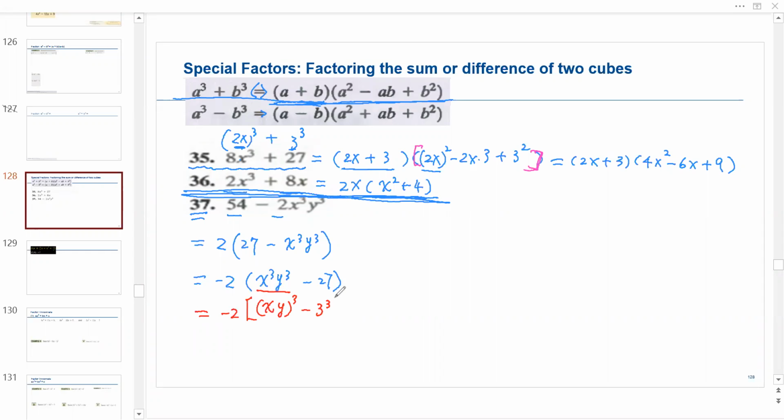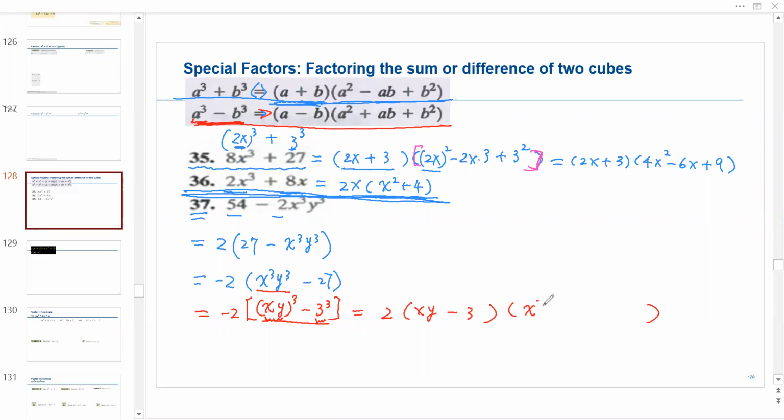So we can factor this part. A cubic minus B cubic can be factored like this: A minus B times A squared plus AB plus B squared. So A is xy, B is 3, right? What about the rest?